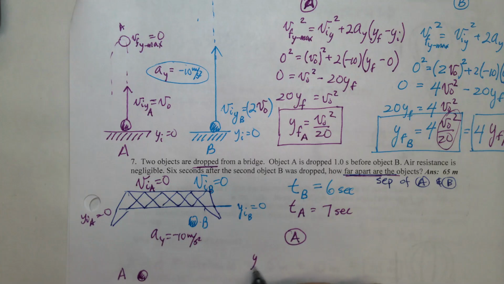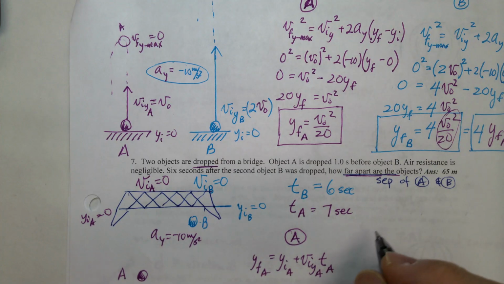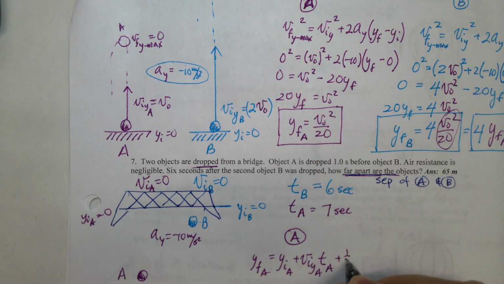So we could say y final is equal to y initial, and of course these are all ball A for purple, plus v initial y t, if you want to write down all these subscripts, that's fine, plus 1/2 a sub y t squared.